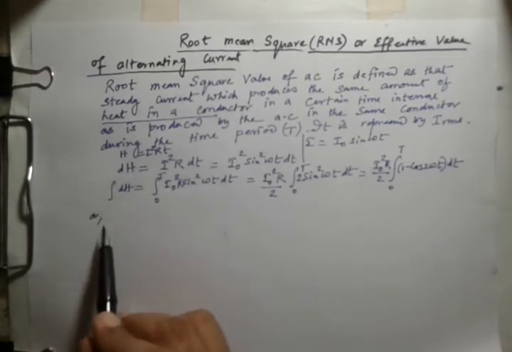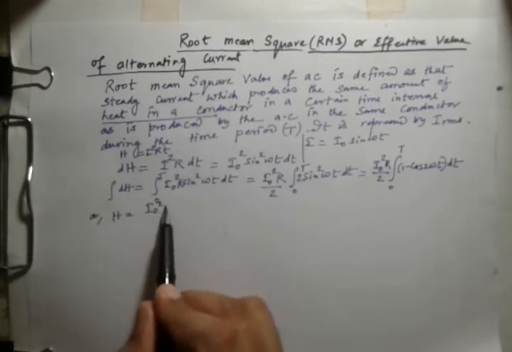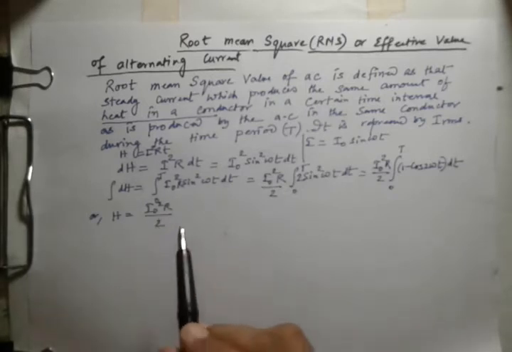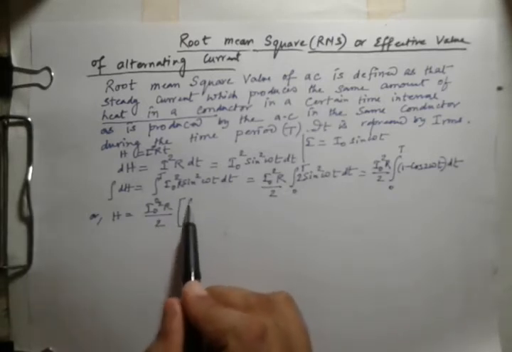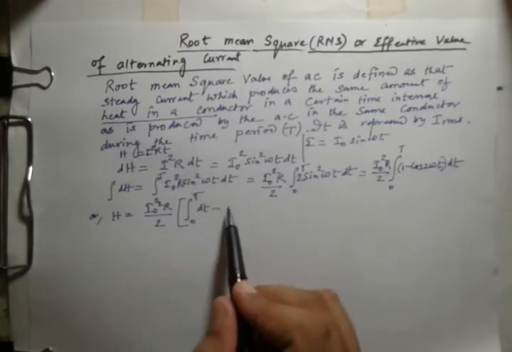So H is equal to I naught square R by 2, integration 0 to T, dt minus integration of cos 2 omega t.